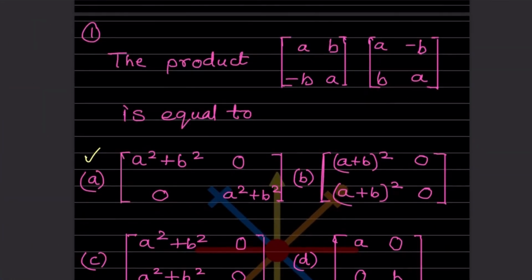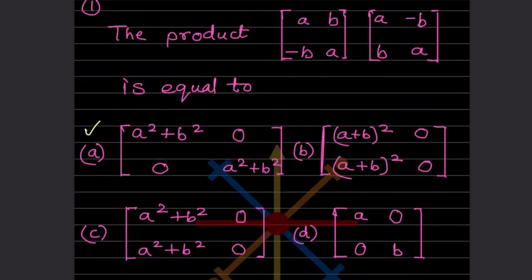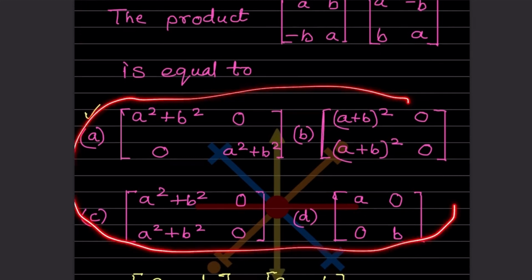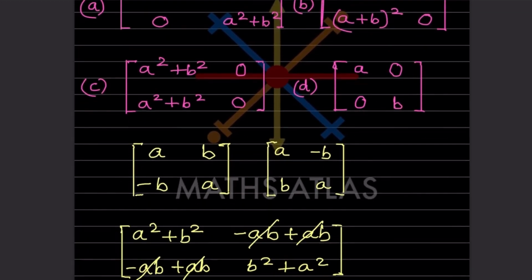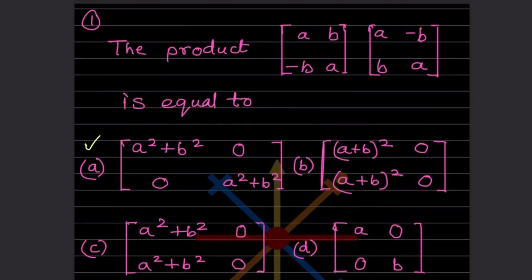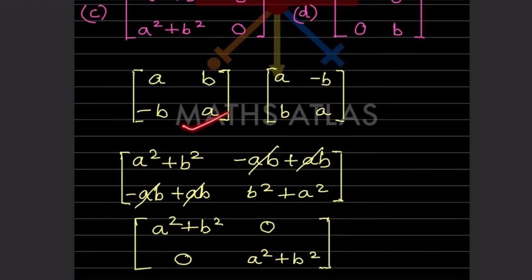So this is the question given over here. The product is there, AB minus B and A, and the same over here, A minus B, B, A is equal to, these are the options given. Let us see the options later. So let us solve this one first. The product means, same thing I copied over here. So now, product means we are going to multiply this into this, that will be A square.